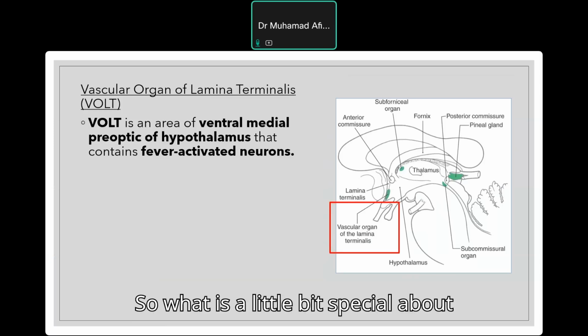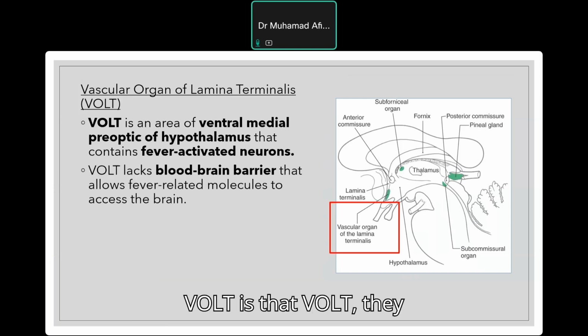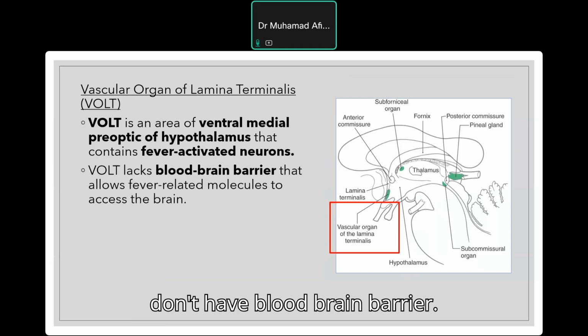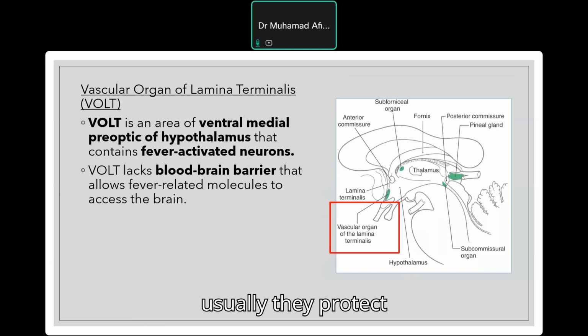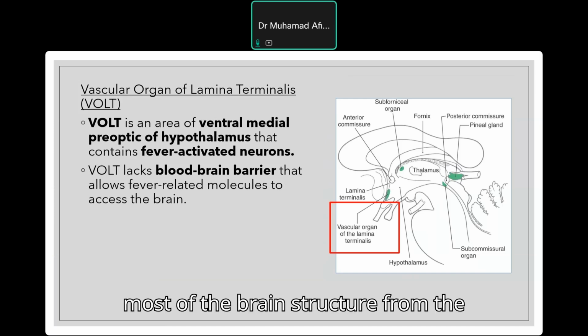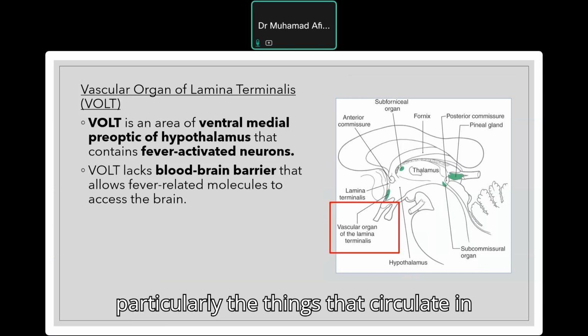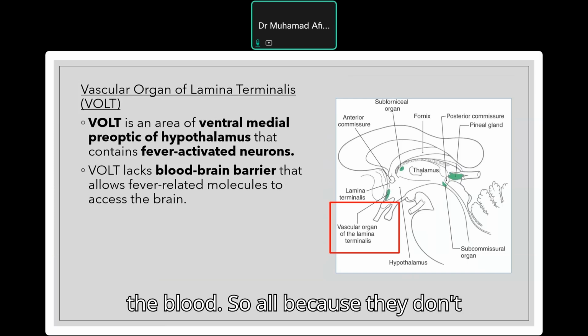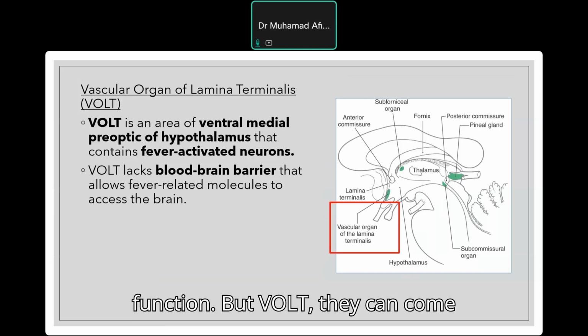What is a little bit special about the OVLT is that it doesn't have a blood-brain barrier. You all know the blood-brain barrier usually protects most of the brain structure from other things in our body, particularly the things that circulate in the blood, all because they don't want to affect the brain function.